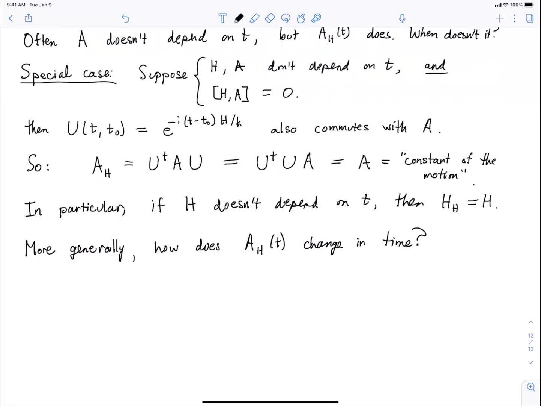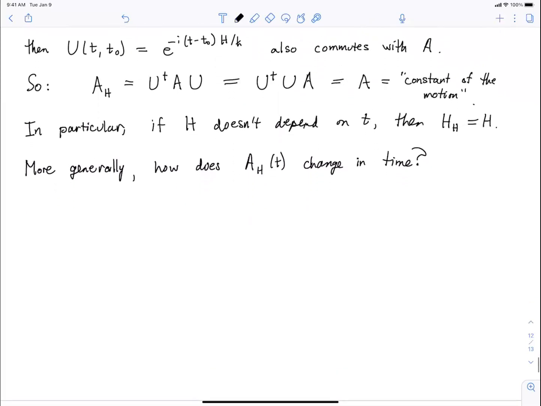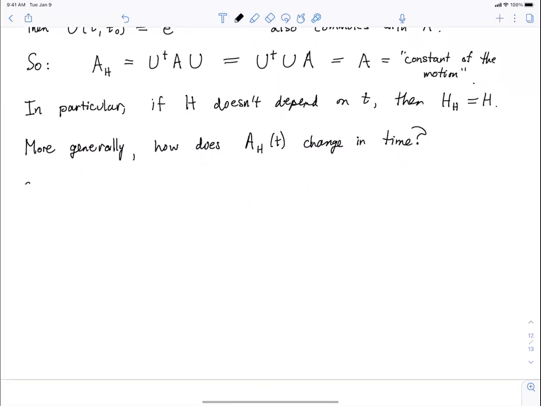To find out, we're just going to do a little calculation here. The thing we want to know is, what's the time derivative of our Heisenberg operator? To answer it, we're just going to take the derivative of the thing translated into the Schrodinger picture, where we know how things change in time.